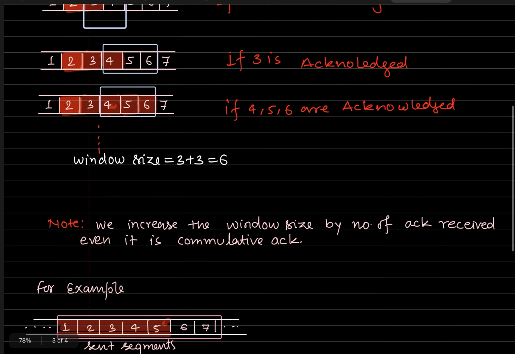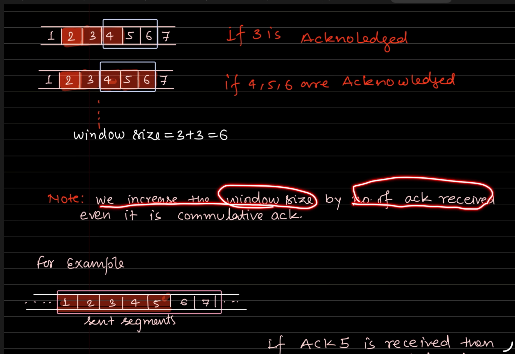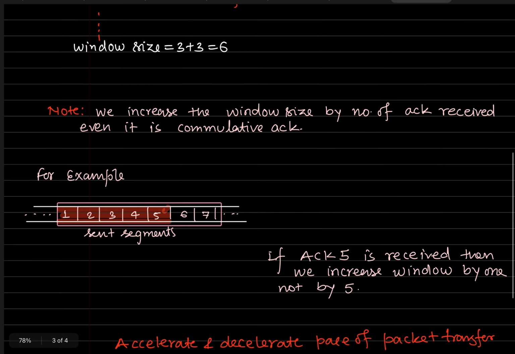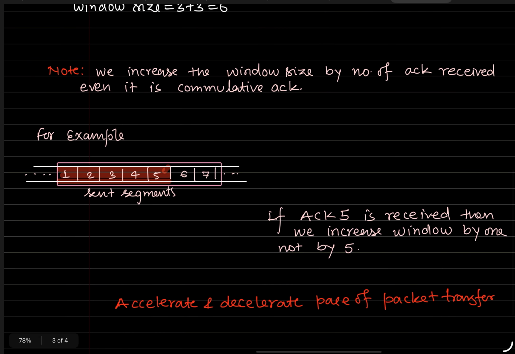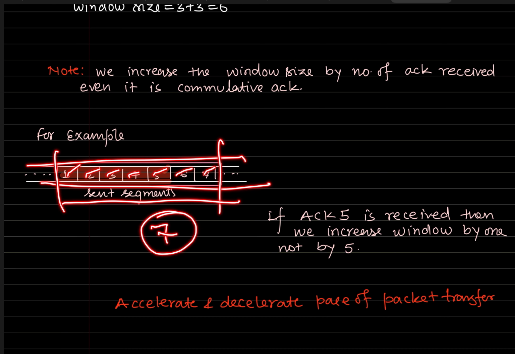Now make sure that we increase the window size by the number of acknowledgements received, even for a cumulative acknowledgement. Suppose we have this much window, you can see this much window. How much window size? 1 2 3 4 5 6 7. 7 is the window size, right?